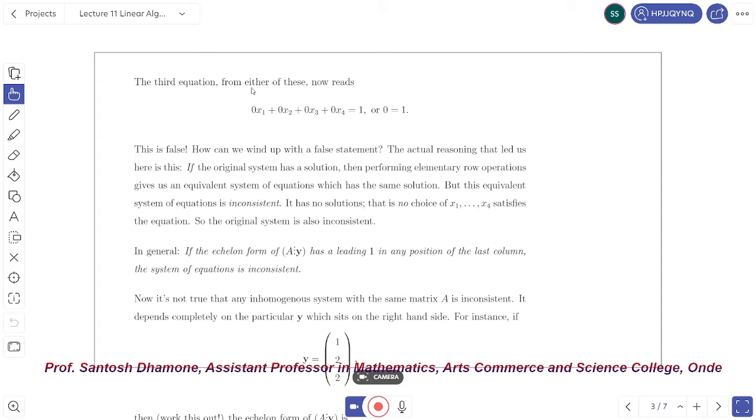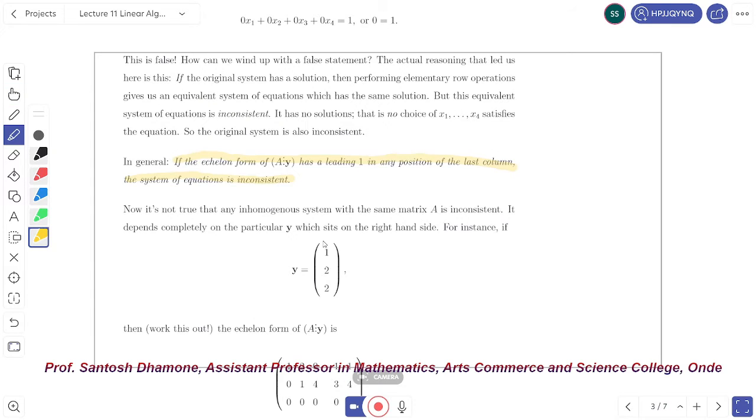Now it is not true that any homogeneous system with the same matrix A is inconsistent. We take a similar problem as we studied in the last lecture, but this is not generally true for any problem. Now it's not true that any inhomogeneous system with the same matrix A is inconsistent. It depends completely on the particular y on the right hand side.